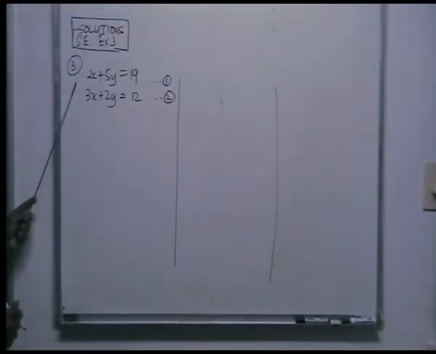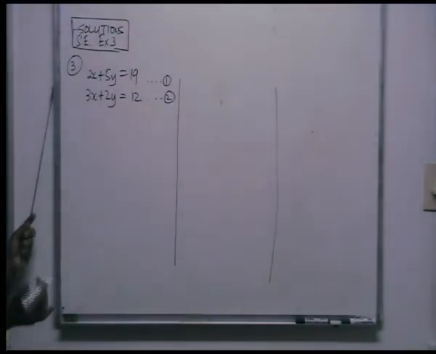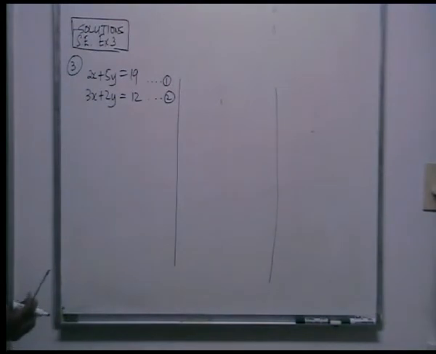Right, here we have number 3. 2x plus 5y is equal to 19. 3x plus 2y is equal to 12. Now, whether you look at number 1 or number 2, it's almost the same. So you've got to make a choice now, which equation you're going to put into which.